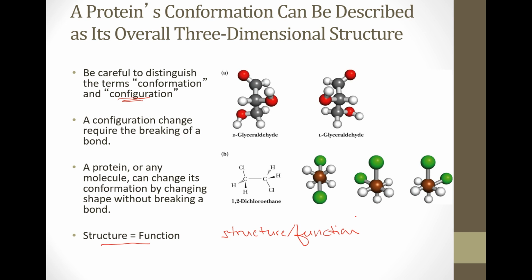And we can trace that back all the way to primary structure, which is dictated by the sequence of amino acids, which is encoded by the DNA sequence which encodes the amino acid sequence which defines our primary structure.